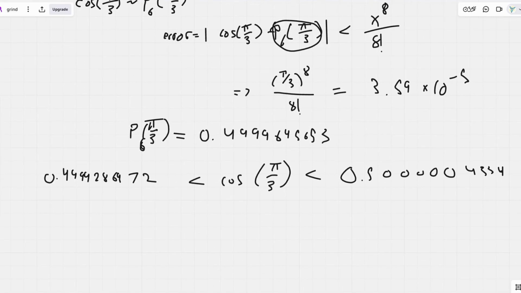So what we get from this is that we know using our approximation, cosine of pi over 3 is between these two values. But we already know that cosine of pi over 3 is just 1/2.